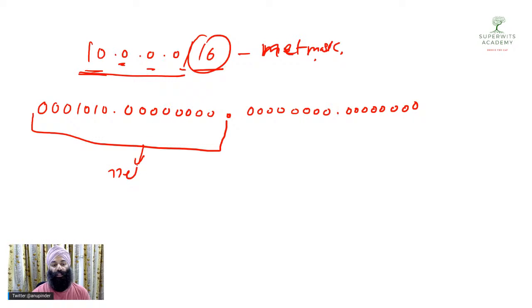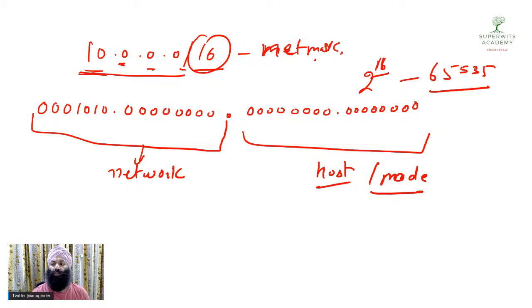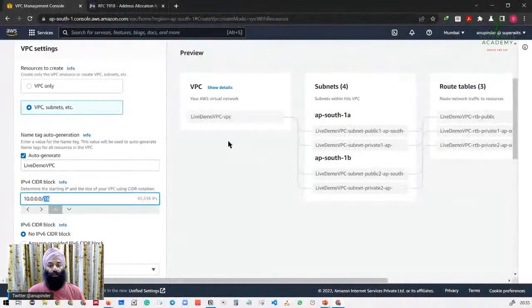This defines my network as 16 bits, and the rest defines the host, or the number of nodes that you can have on that network. That means 2 raised to the power 16 is the number of nodes, which is around 65,535, starting from 0. Overall it is 65,536, but because we cannot use 0, that is going to be there.